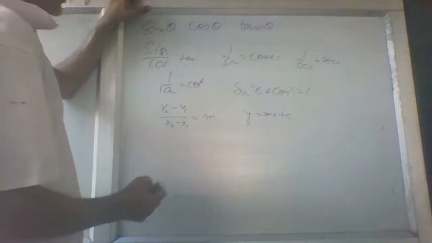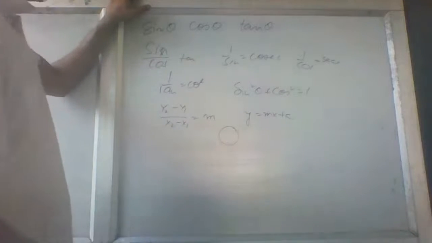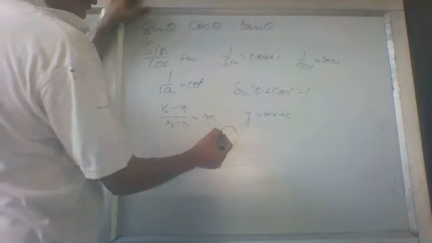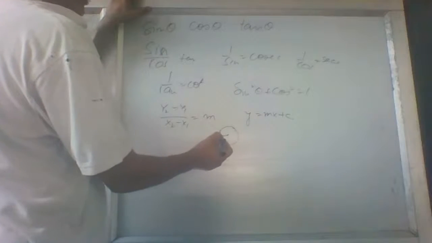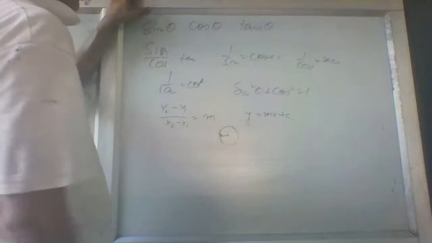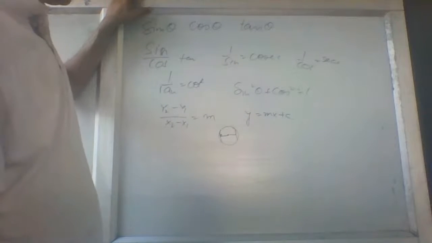Then we came into the circle, and here in circle we had studied a few rules. This was the chord. The perpendicular from the center was the bisector of the chord. Two equal chords have equal distance from the center.